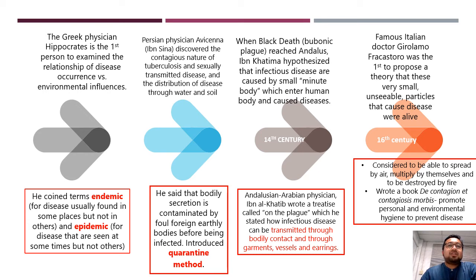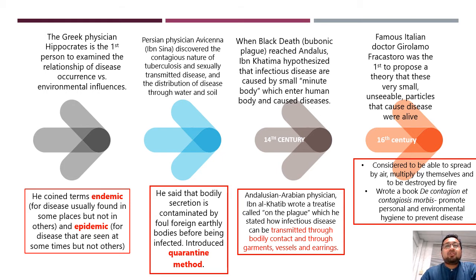Okay, so he said that bodily secretion is contaminated by foreign earthly bodies before being infected, introducing the quarantine method. Okay, so inilah yang memperkenalkan quarantine atau dalam kata lain tidak membenarkan bila satu wabak itu berlaku untuk menyebarkan dia kepada orang yang lain.